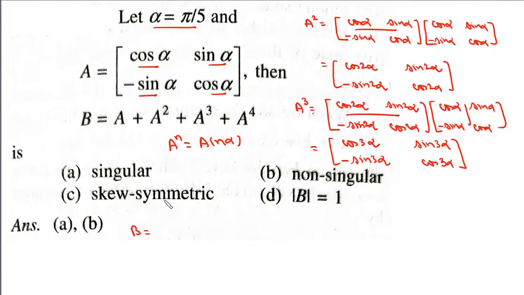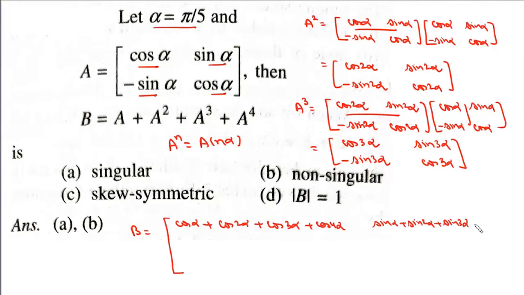Now if we find this B, it is A plus A square plus A cube plus A4, and there will be cos alpha plus cos 2 alpha plus cos 3 alpha plus cos 4 alpha, and here will be sin alpha plus sin 2 alpha plus sin 3 alpha plus sin 4 alpha.